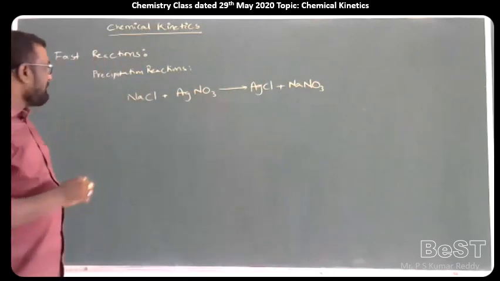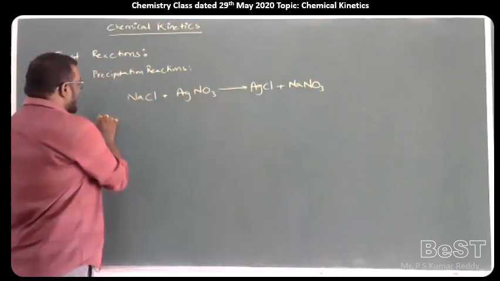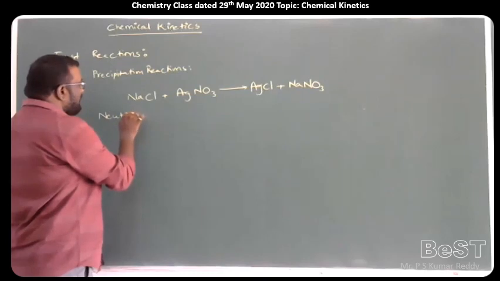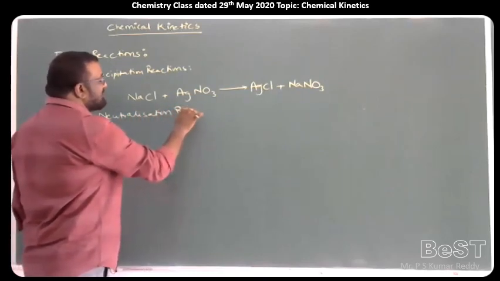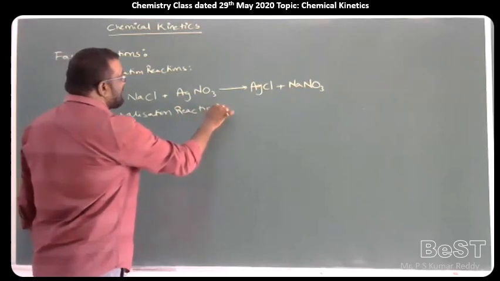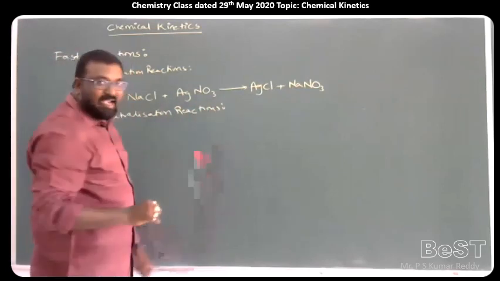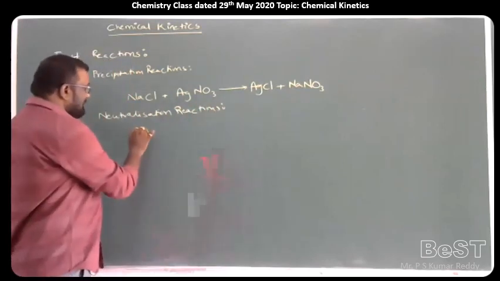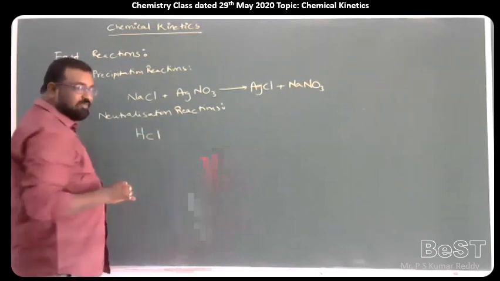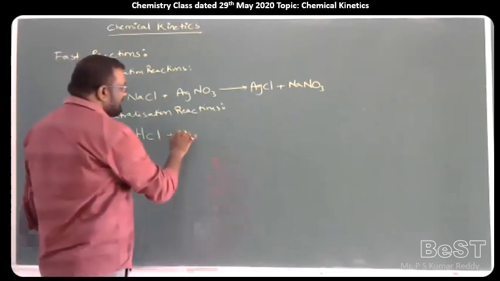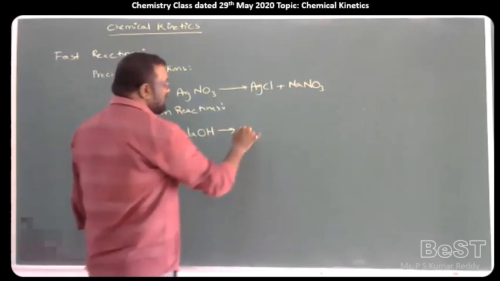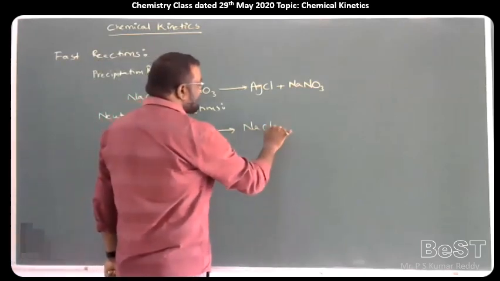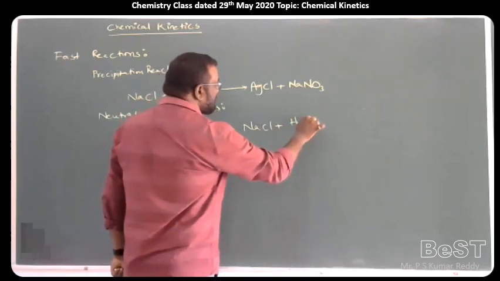In the same way, neutralization reactions. Neutralization reactions means the reactions in which an acid will be reacting with a base. For example, when HCl, which is an acid, is reacting with sodium hydroxide, which is a base, it produces sodium chloride, that is salt, and water.